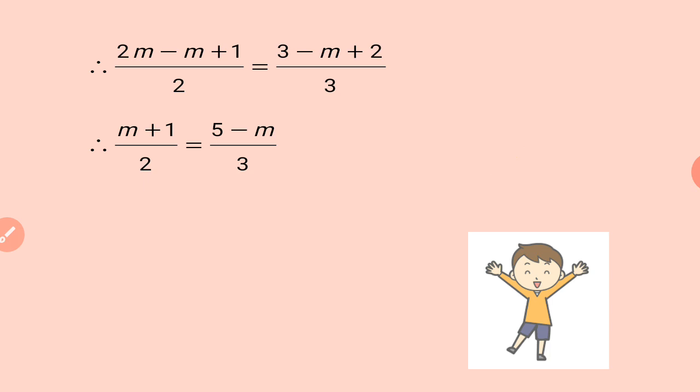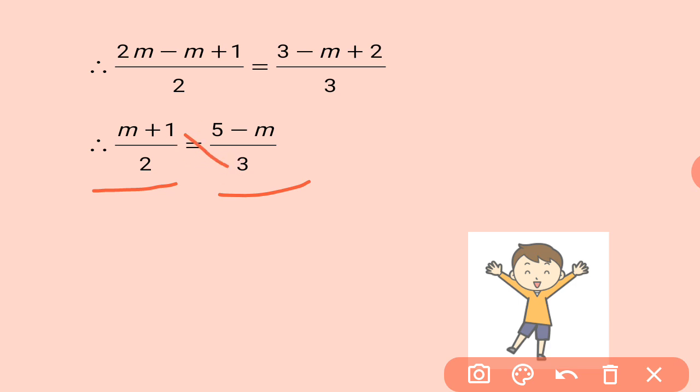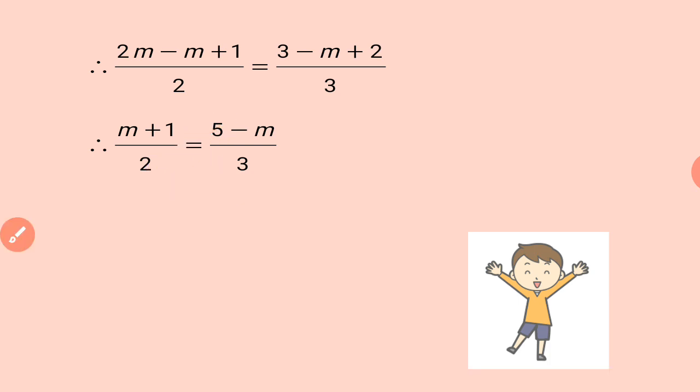Once you get this, when you study this particular step, you will see that you have one term on the left hand side and only one term on the right hand side. In such cases, the method is cross multiplication. So 3 will be multiplied by m plus 1 and 2 will be multiplied by 5 minus m.